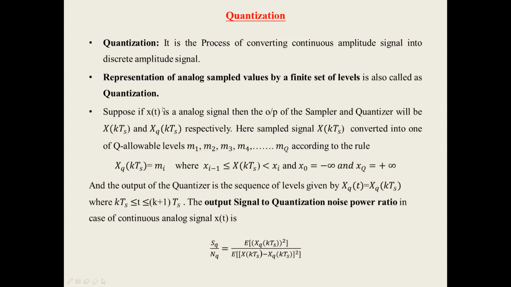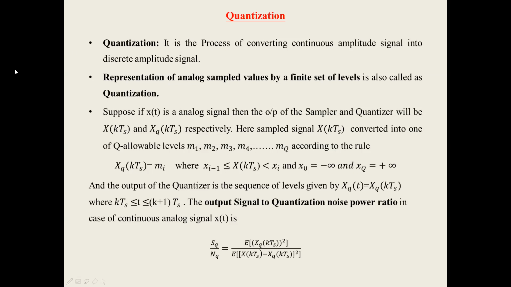Now let us take X of T, which is an analog signal, in order to understand this quantization process. The output of the sampler, which goes to the quantizer, will be X of KTS. That means the X of T signal is sampled at a rate equal to TS, at multiples of TS: K equal to 0 gives X of 0, K equal to 1 gives X of TS, K equal to 2 gives X of 2TS, K equal to 3 gives X of 3TS, like that.